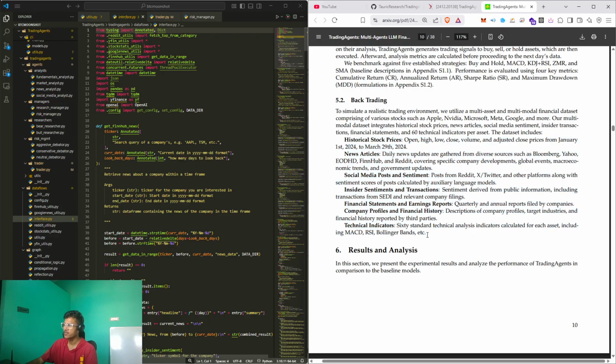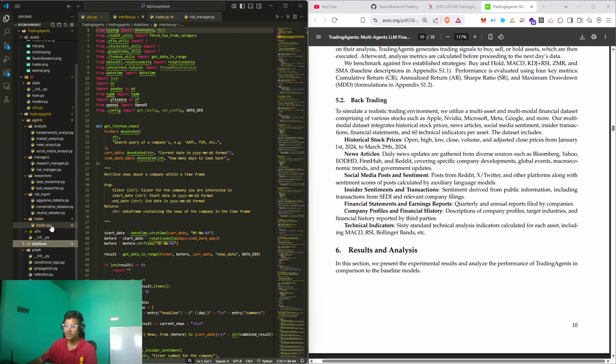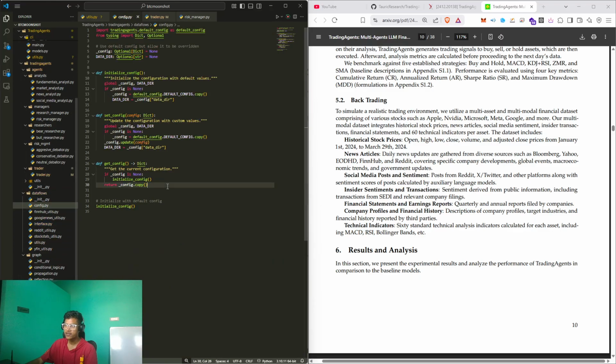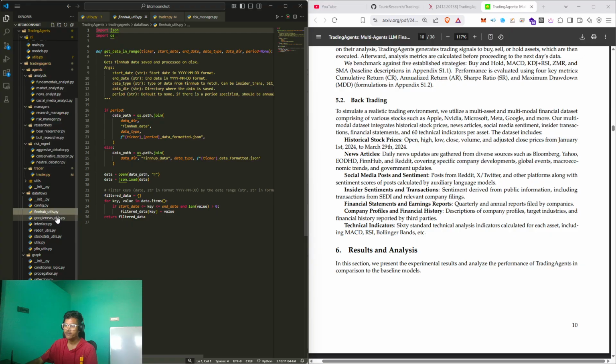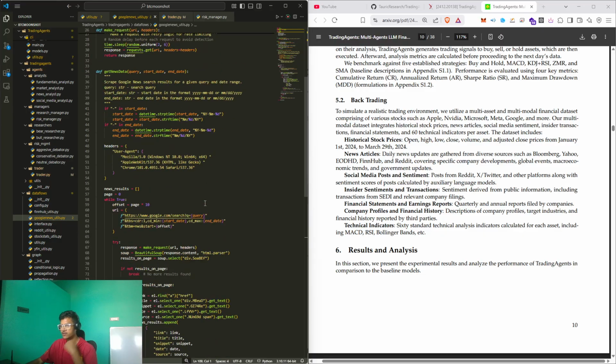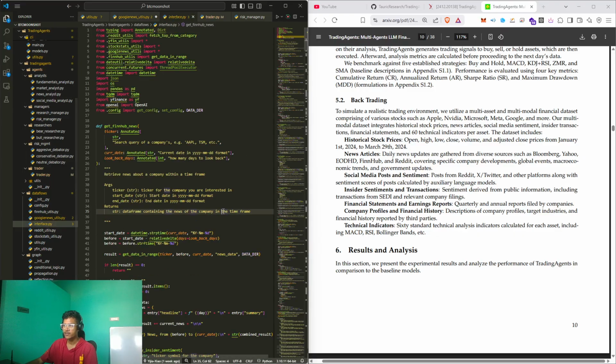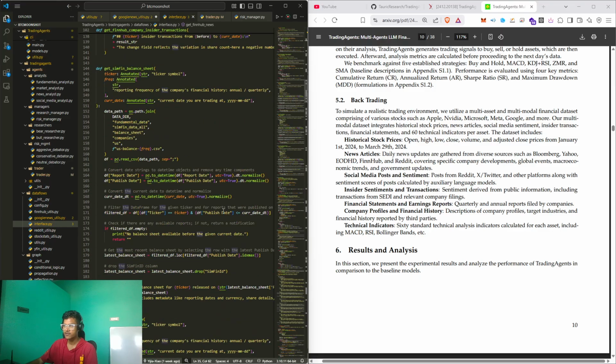So they have listed out the data collection plan really well. And yeah, you can see here the data flow folder. So you have basically FinnHub utils getting data from FinnHub in JSON format, then Google News, and the interface.